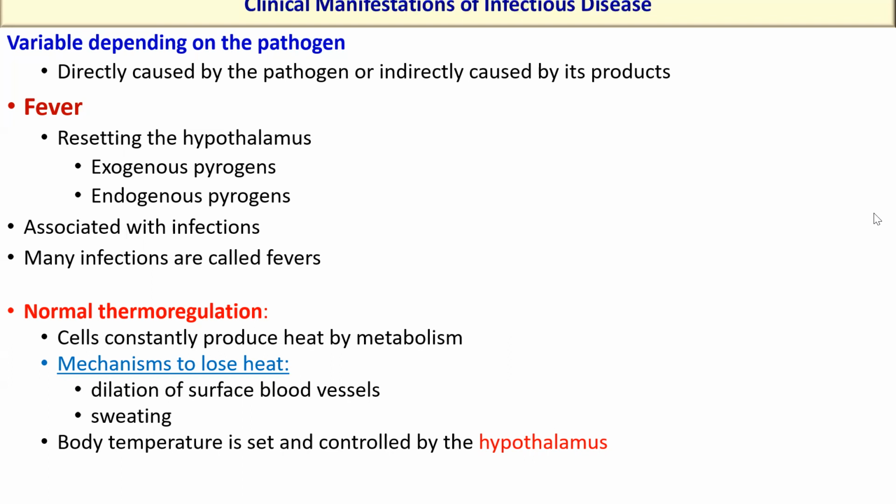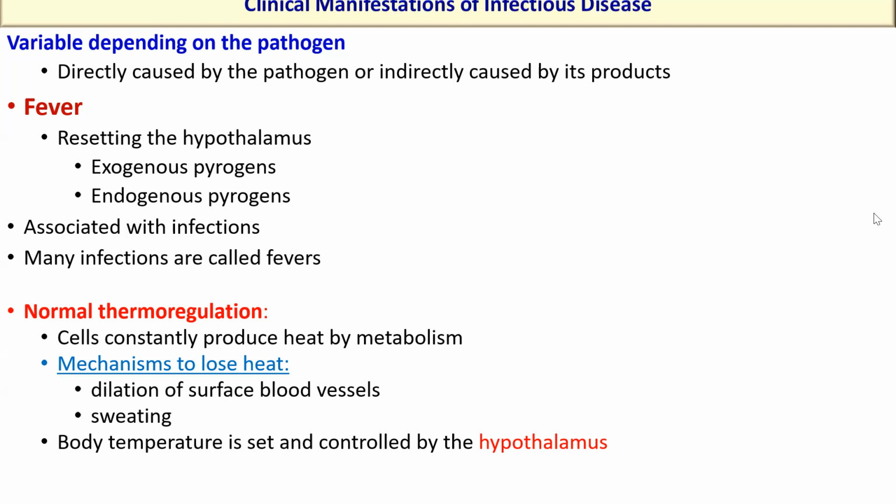These are the endogenous pyrogens, like the interleukins, interferons, and prostaglandins. First they will induce the synthesis of prostaglandins, and then they will cause the hypothalamus to raise its set point and lead to fever.